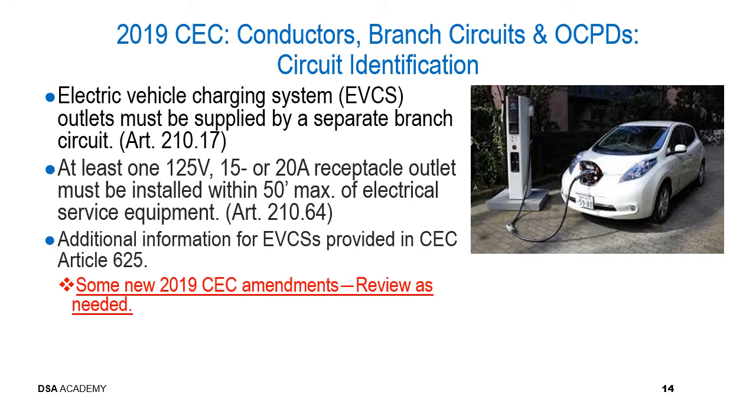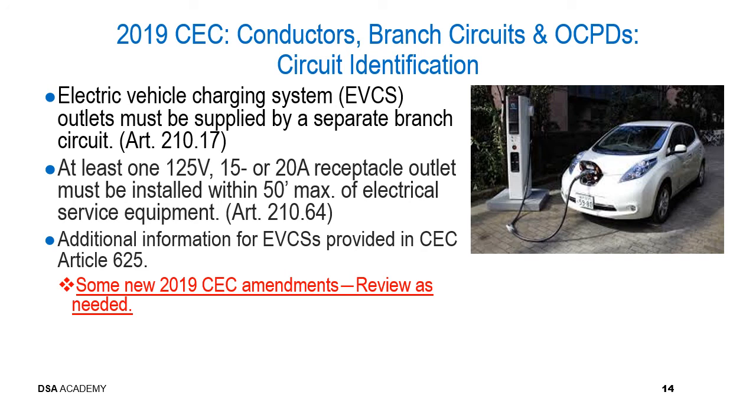It goes on to say that a minimum of one 125 volt, 15 or 20 amp receptacle outlet must be installed within viewing distance or sight of, which is identified as 50 feet max, of the electrical service equipment. This is reiterated in Article 210.64.